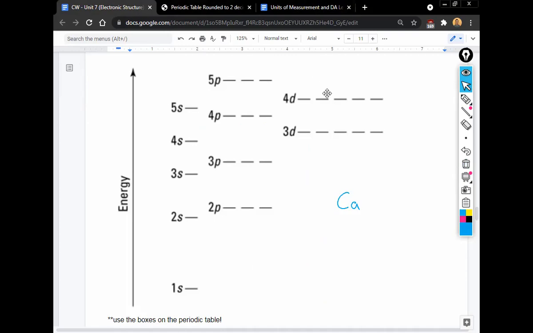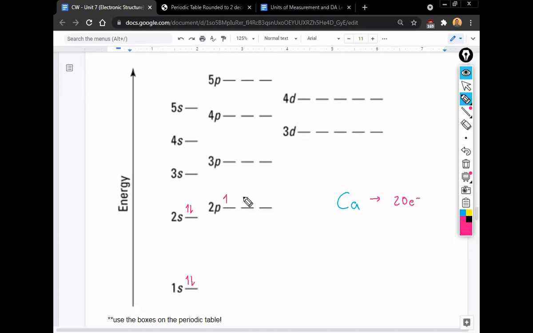So we actually don't even need to look at the shells. Let's just start by filling in the electrons. Now we want to start with the lowest ones first. So let's start with 1s. Okay, so we're going to draw 1, 2. We're going to move up to the next energy level, 3, 4. And then we're going to go to 2p, 5.